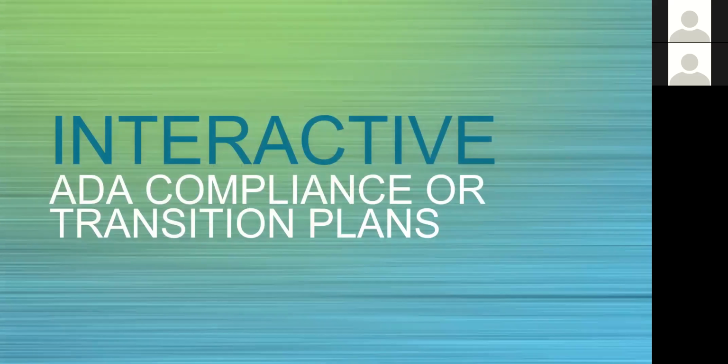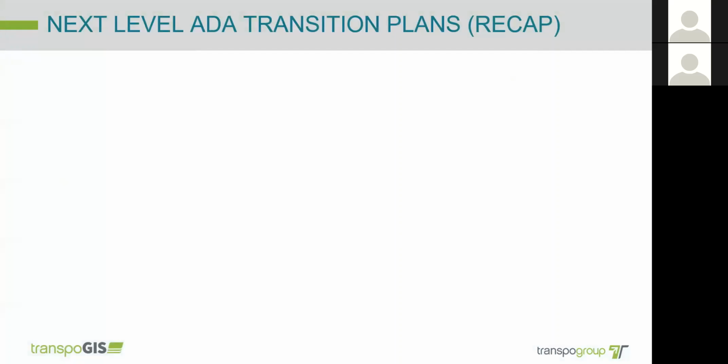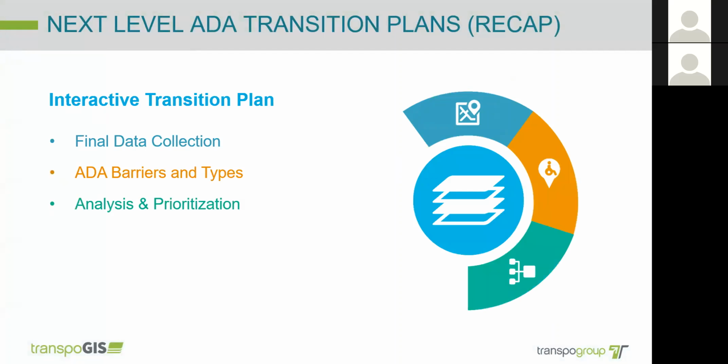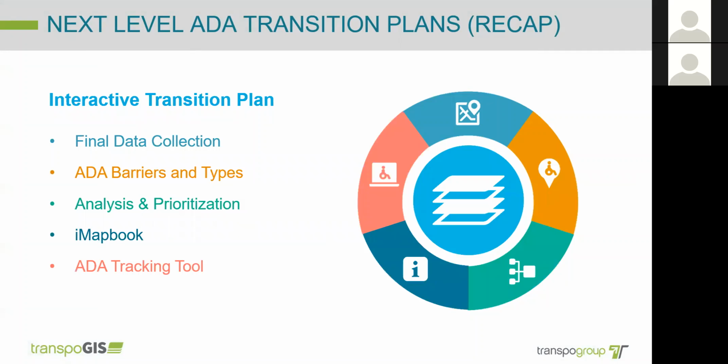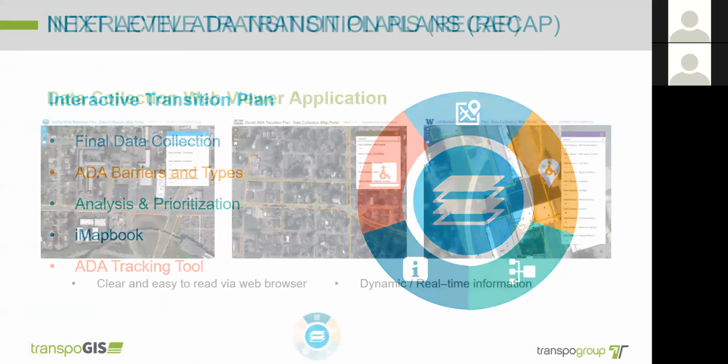So basically I was previously talking about moving over to the interactive transition plans. There's some data collection, you can visualize some barriers, analysis, a mapbook, and then the tracking tool is what I'm wanting to get to soon here.